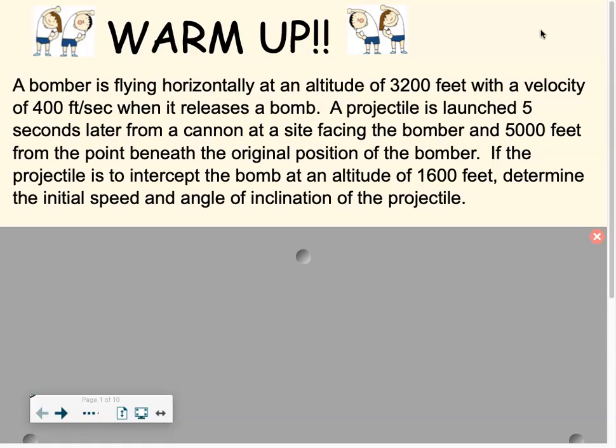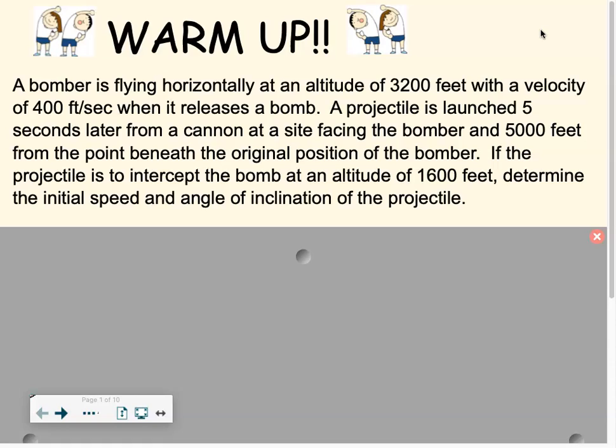So what happens is the bomb is gonna start by kind of going forward, right, and then it's gonna fall to the ground, because it's gonna start in the same direction that the plane is traveling, right? So let's think about what we know about the bomb.